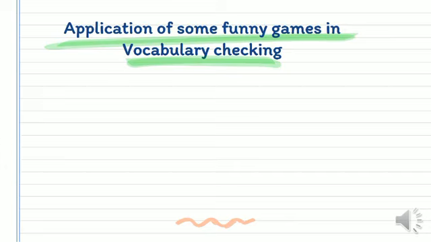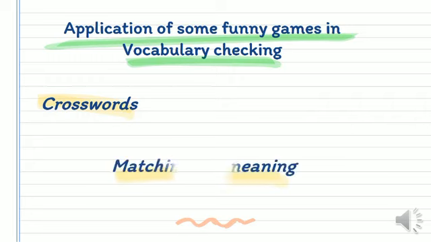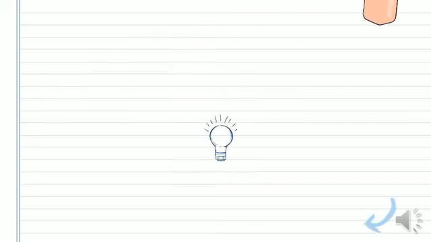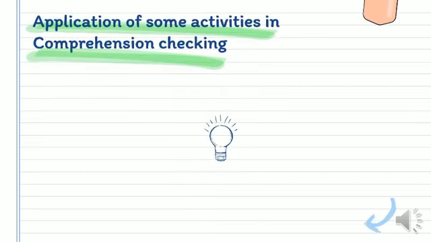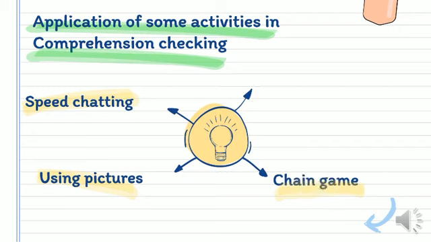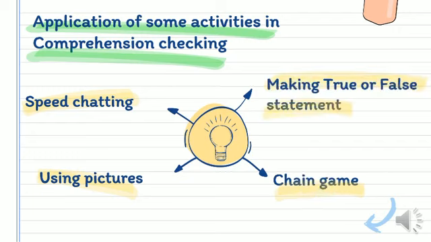The first is the application of some funny games in vocabulary checking, for example crossword, matching the meaning, or using the vocabulary. The second methodology is the application of some activities in comprehension checking, for example speed chatting, using pictures, chain games, or making true or false statements.